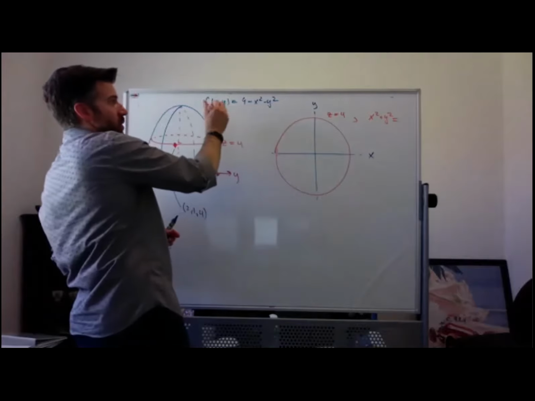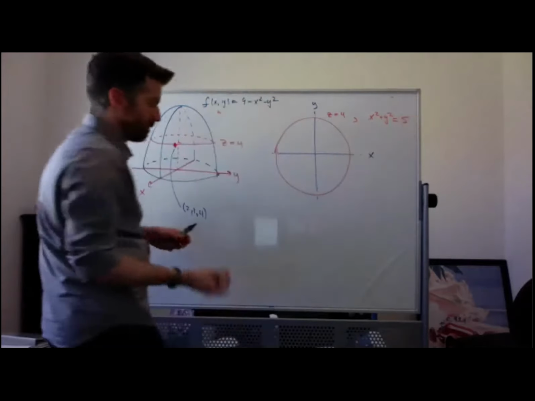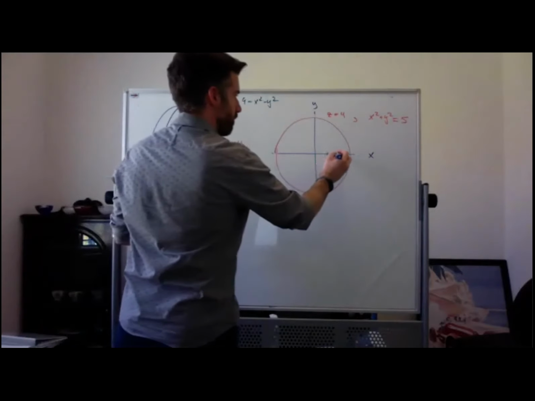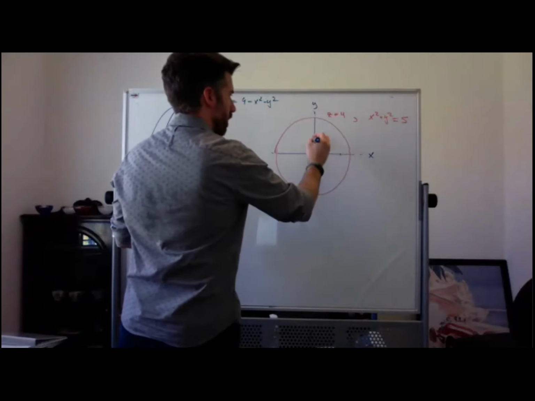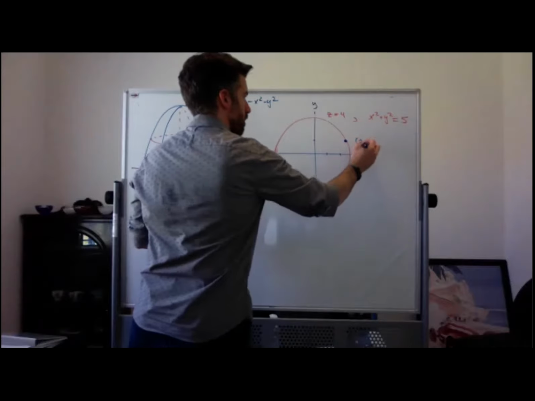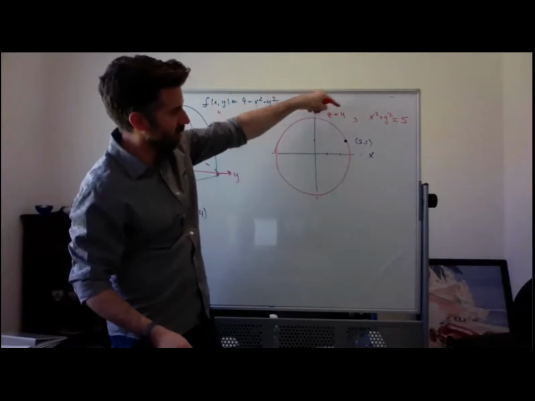Because if this is 4, subtract 4. And I'm at the point 2, 1, 4. So over 2 and up 1.